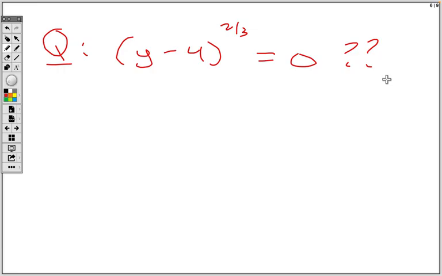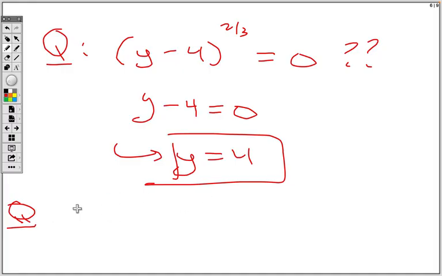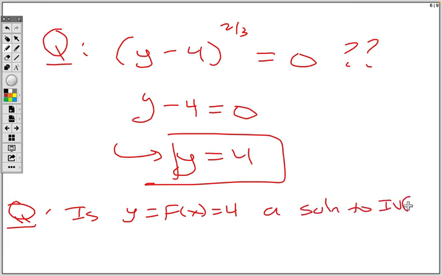So the question is, am I losing any solutions doing this? Well, if (y minus 4) to the 2/3 is 0, that means that y minus 4 would be 0. In other words, y could be 4. And the question is, is this a solution? Is the function y equals f of x equals 4 a solution to the IVP?